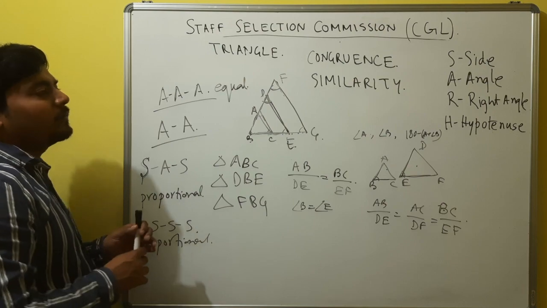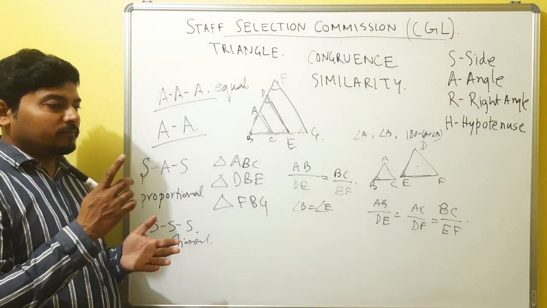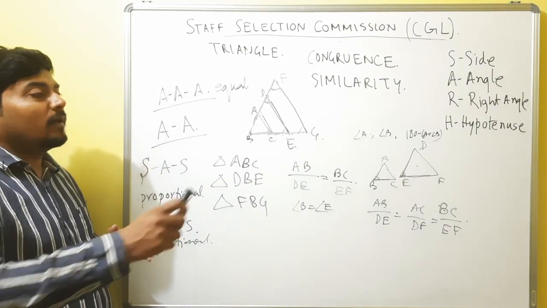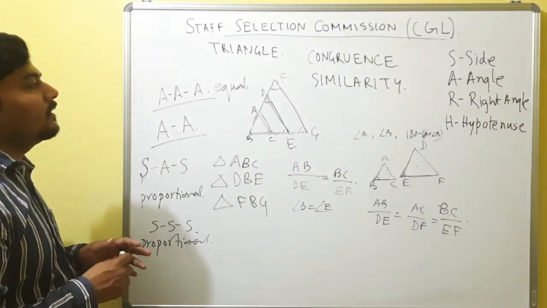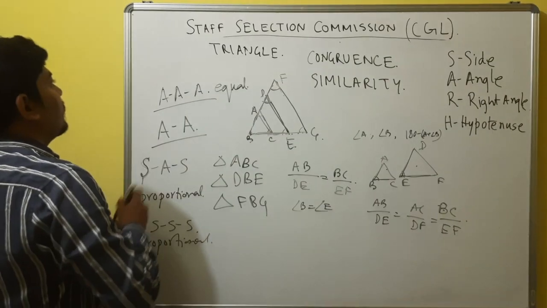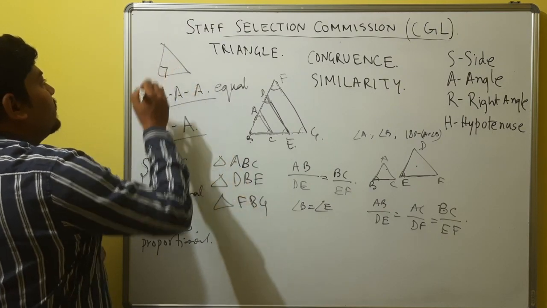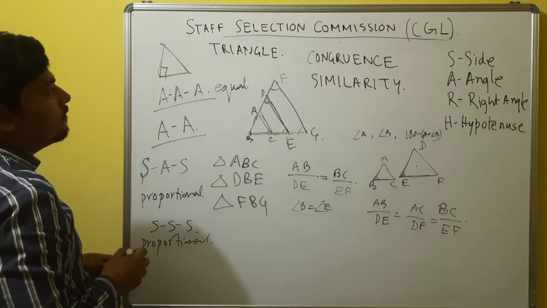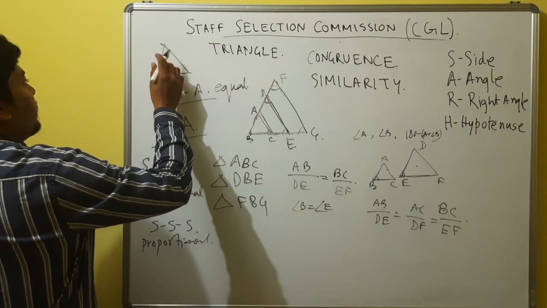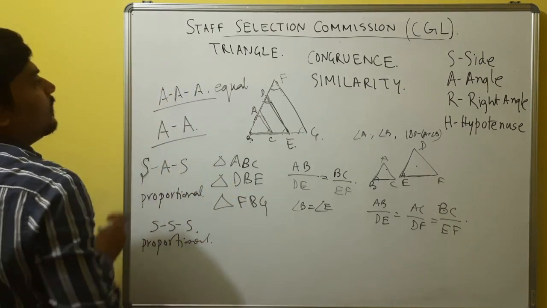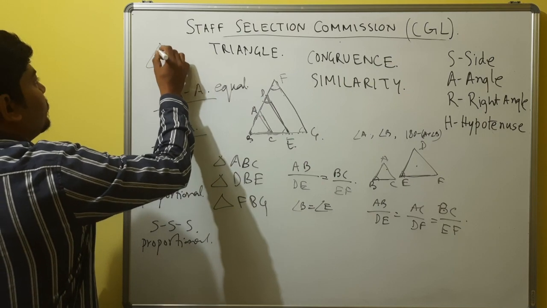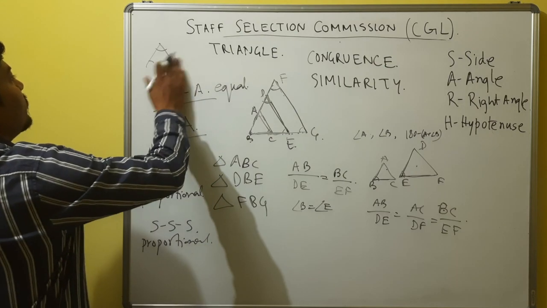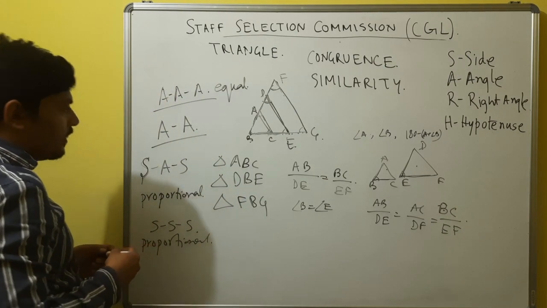Another thing we learned is that the sum of the three angles of a triangle is equal to 180 degrees, or two right angles. When one angle of a triangle is 90 degrees, we call it a right angle triangle. When all angles are below 90 degrees, we call it an acute angle triangle. So these are a few namings of the triangle.